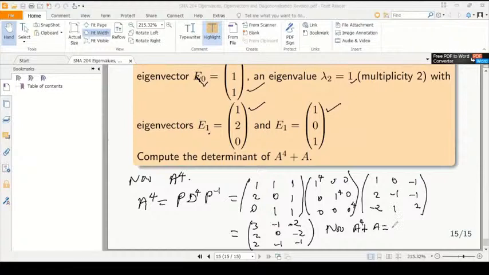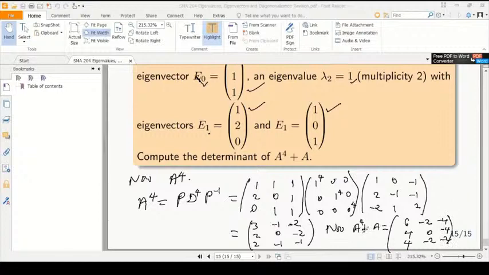We all know how to do that. You get 6, 4, 4, and then you get negative 2, 0, negative 2. Then at this point, you have negative 4, negative 4, negative 2.